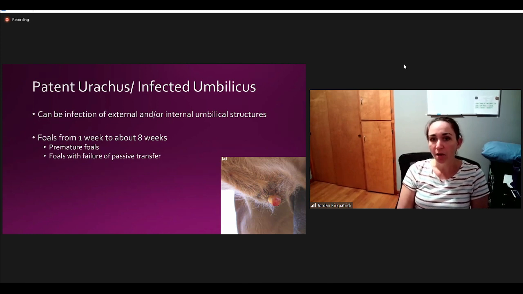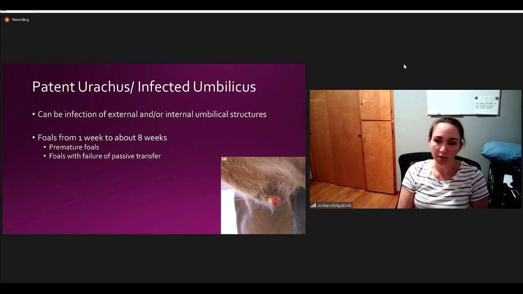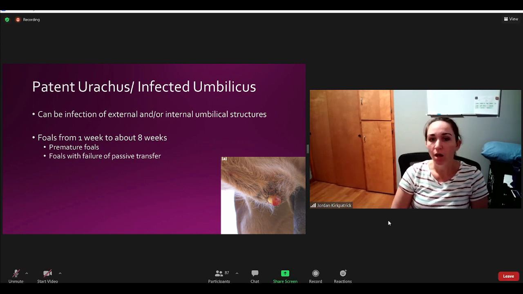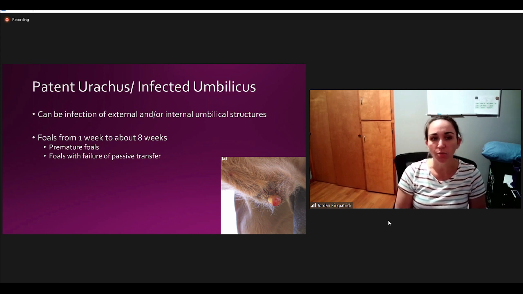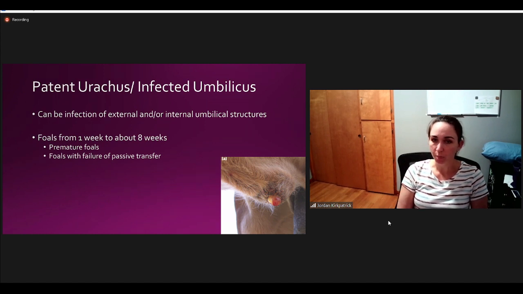If they have a UTI, trimethoprim sulfa is excreted through the kidneys and actually can treat bladder infections really well. So if you're worried about that, that's another really good antibiotic. But those are probably the most common ones that we'll use for urogenital type surgeries, just a basic broad spectrum. But like I said, for urinary tract infections, trimethoprim sulfa, which we call TMS for short, works really well for those.